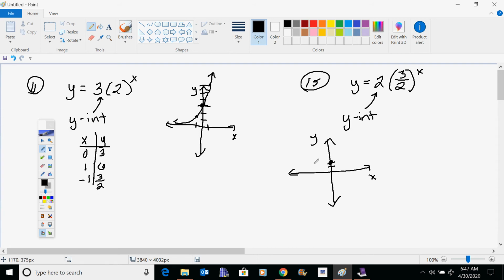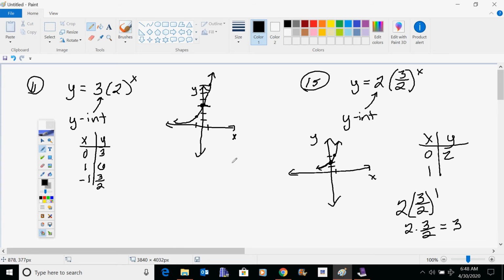And then the other one, if I took 1, 2 times 3 halves to the first power, 2 times 3 halves would give you 3. Okay, so that would be right here. And then it would be coming down like this.